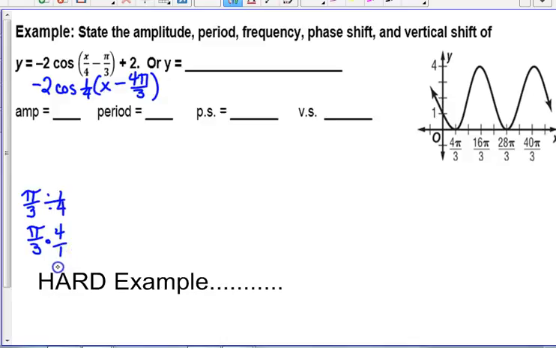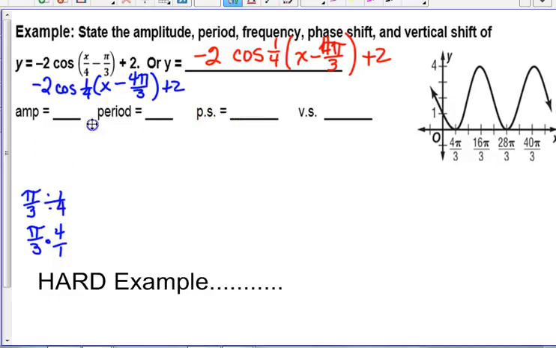That's disgusting. And then there's a plus 2 on the back, okay? That's actually what they wanted us to write in this blank up here, was the factored form. My bad. It's supposed to say 4 pi over 3.